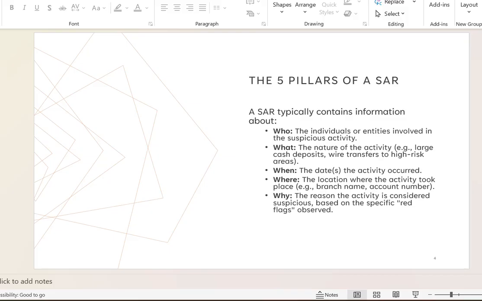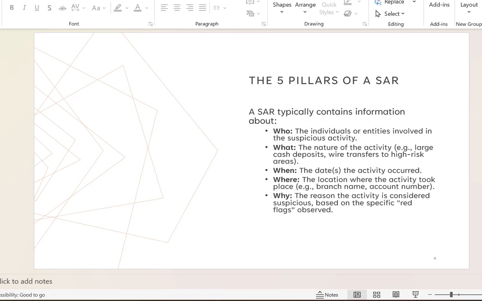The location of the transaction, the address, whatever inputs we need to provide, we add. And then the where, the location where the activity took place, like branch name, account holder, account number, transaction ID, and the payment type, whether SWIFT, RTGS, or NEFT.